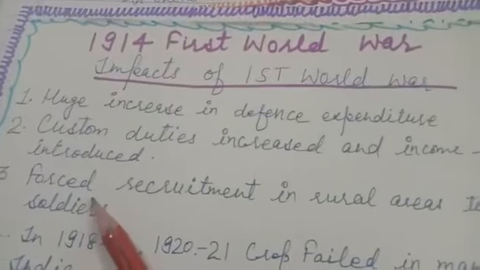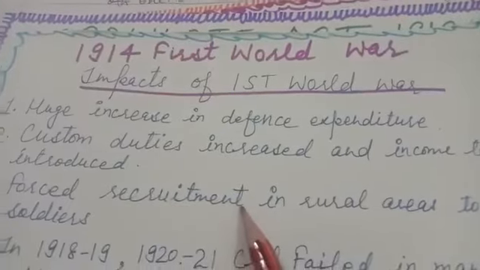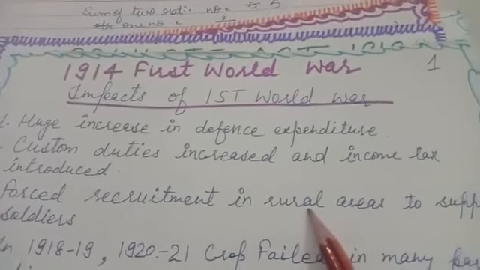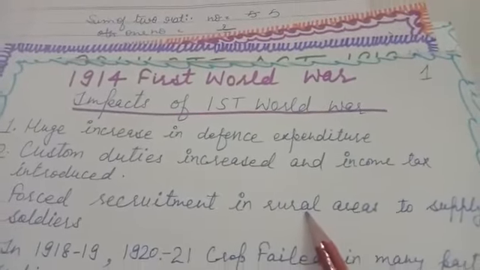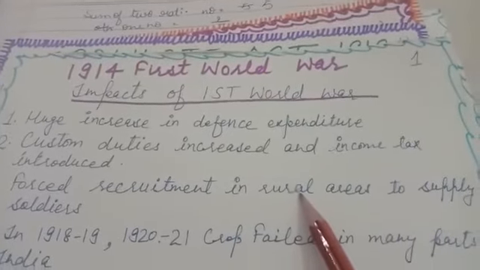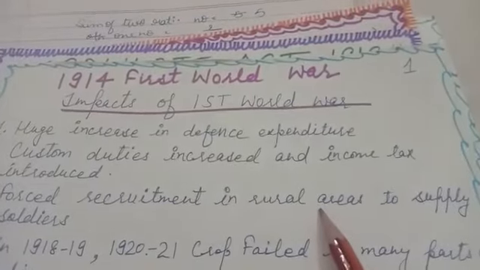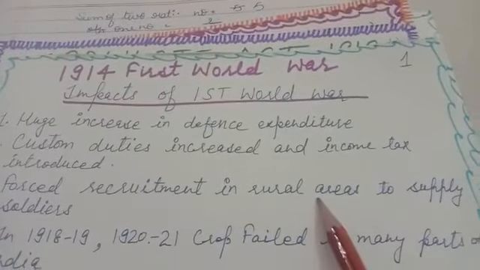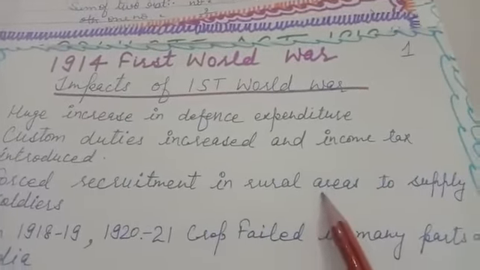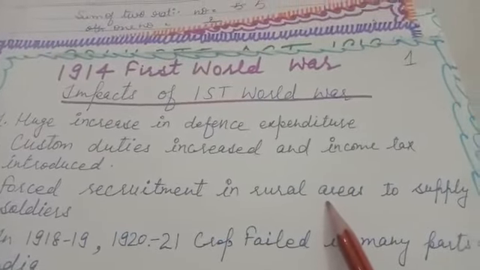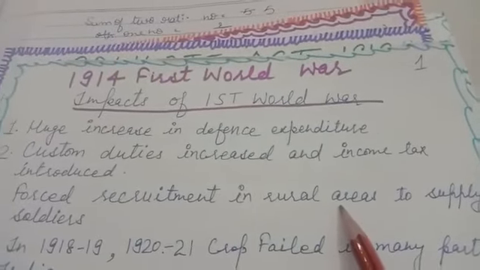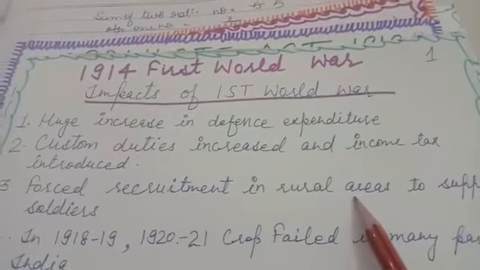Then third, what happened due to this incident? Forced recruitment. Because the war was fought for long years, it also required the supply of soldiers. When soldiers were lacking at the front, what way was innovated by the Britishers?